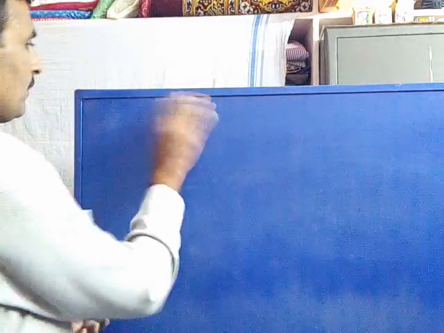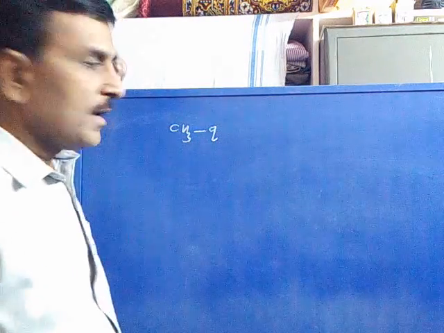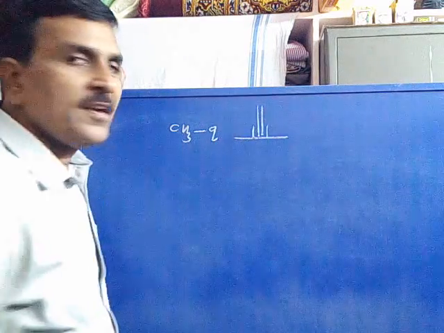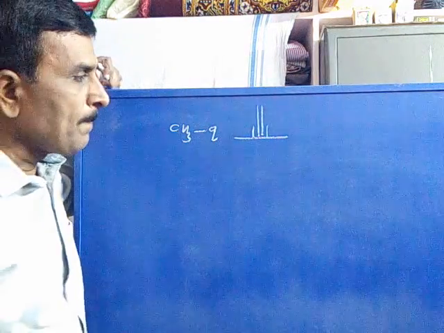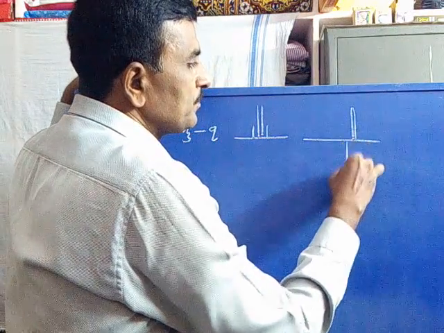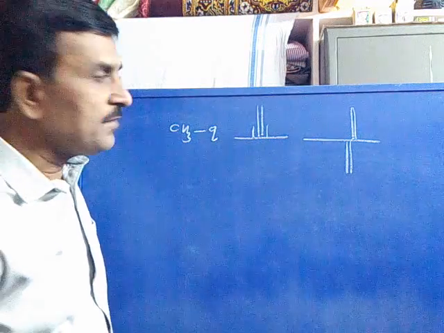Because in the INEPT experiment, the CH3 quartet signal of SFORD, this is the quartet signal of SFORD, is recorded as two positive lines and two negative lines in the INEPT.